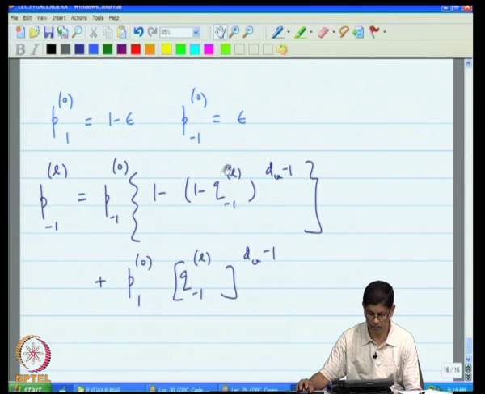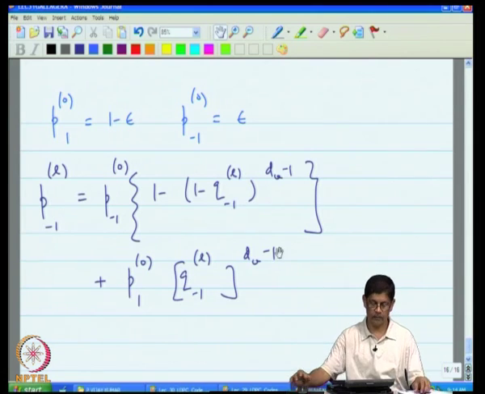So, this is probability of them being minus 1, this is the probability that they are 1, and since these messages are independent, I can raise it to the power when I want to compute the joint probability of them being all equal to 1. So, provided they are all not equal to 1.